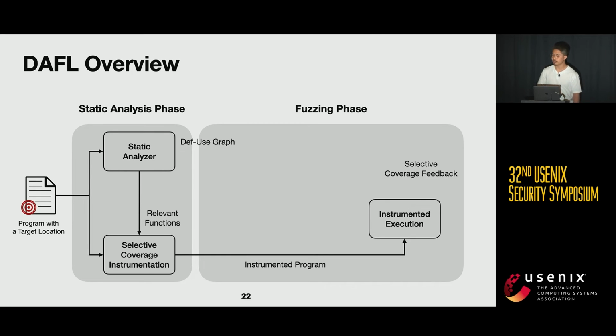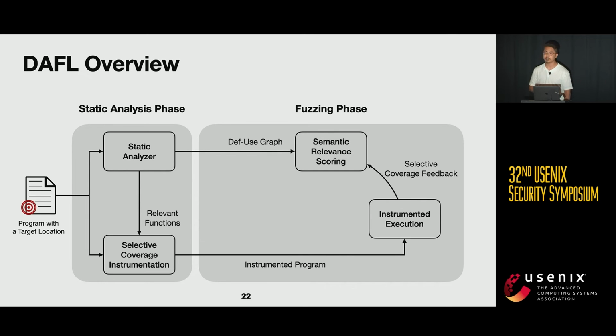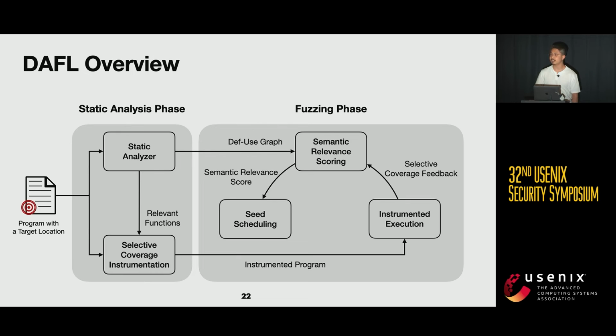After each execution, the selective coverage feedback is generated, and with the joint use of the DUG, we calculate the semantic relevance score. With the calculated score, we perform seed scheduling, where we decide which seed should be chosen first and how many mutants to be generated from the chosen seed. When the mutants are generated, we execute them, and we repeat this process until the target bug is found.